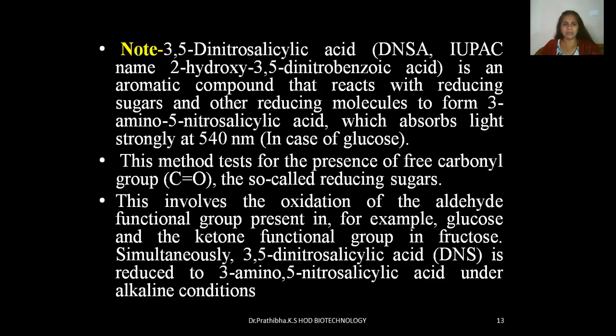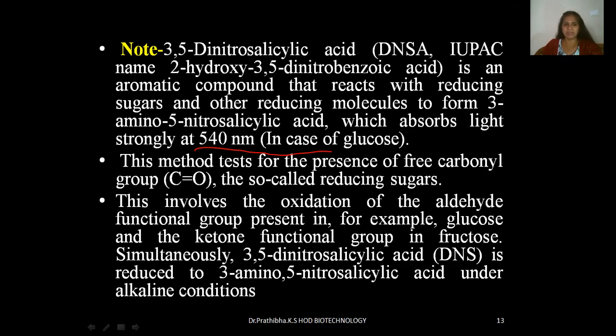Now let us go through the note. 3,5-dinitrosalicylic acid is an aromatic compound that reacts with reducing sugars and other reducing molecules to form 3-amino-5-nitrosalicylic acid, which absorbs light strongly at 540 nanometer. In case of glucose, we are using this particular 540 nanometer. You need to adjust the colorimeter instrument, then you need to take the OD.